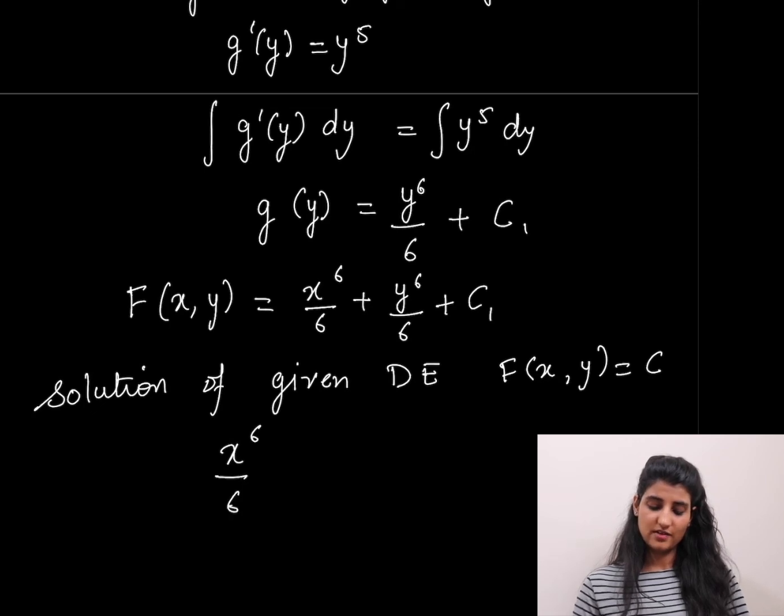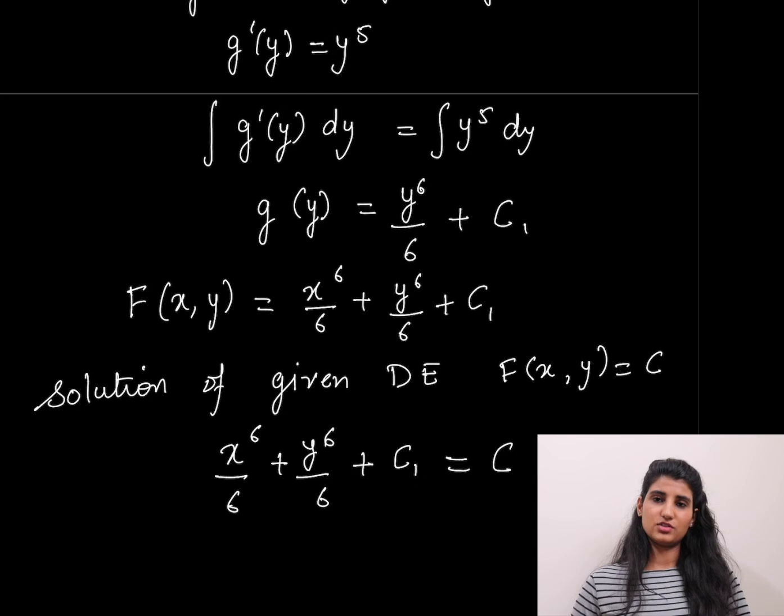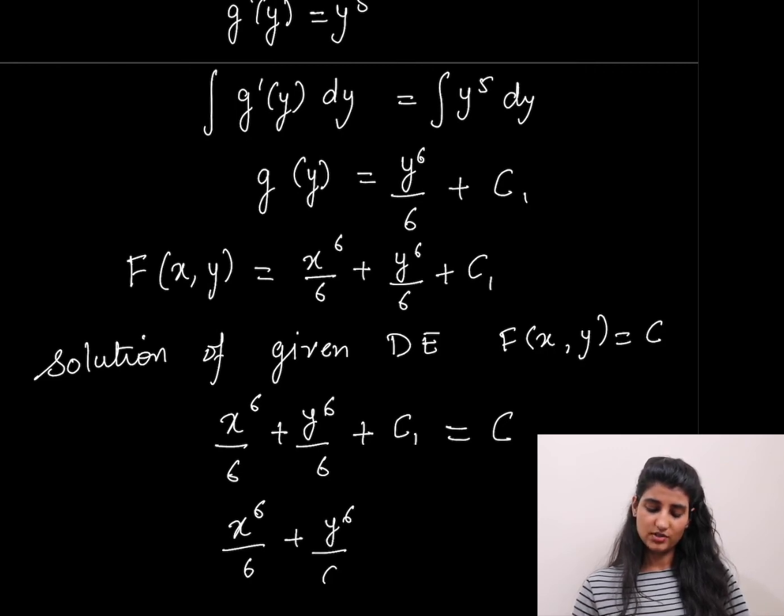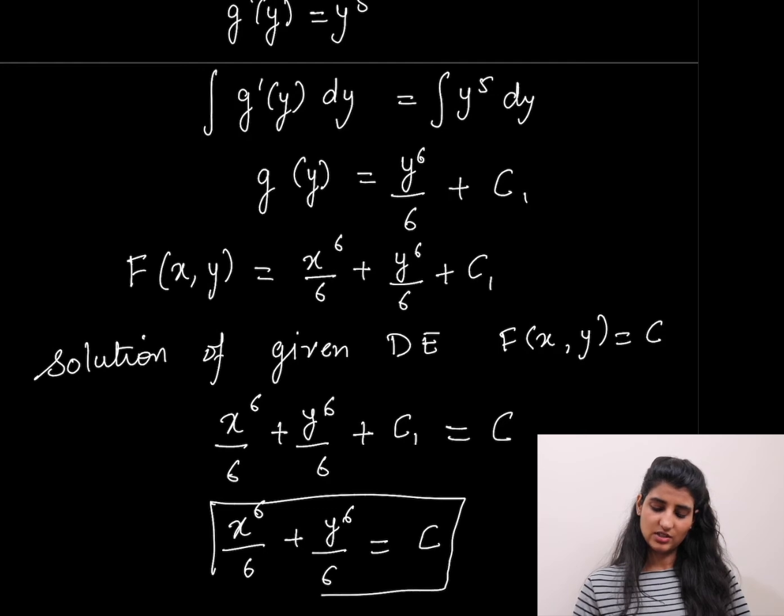So x power 6 divided by 6 plus y power 6 divided by 6 plus c1 equal to a constant c is our solution. You can substitute c minus c1 as a new constant. Let's call it c again. So this is our implicit solution.